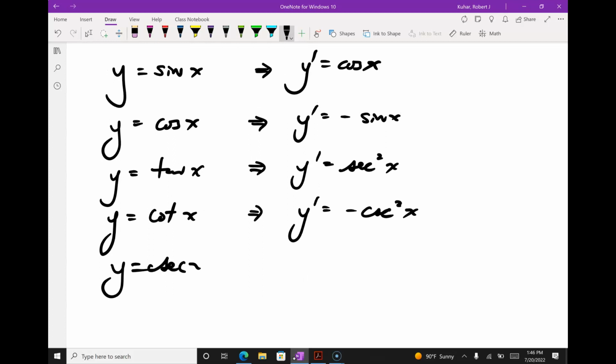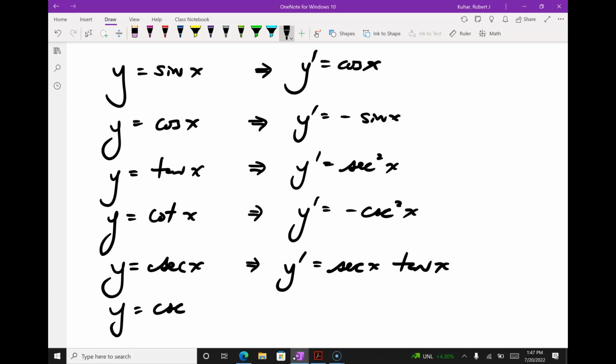I just have it memorized, right? You should derive it and then make sure you put it on your list. If y equals secant of x, y prime is secant x tan x. And if y equals cosecant of x, y prime is negative cosecant x cotangent of x.